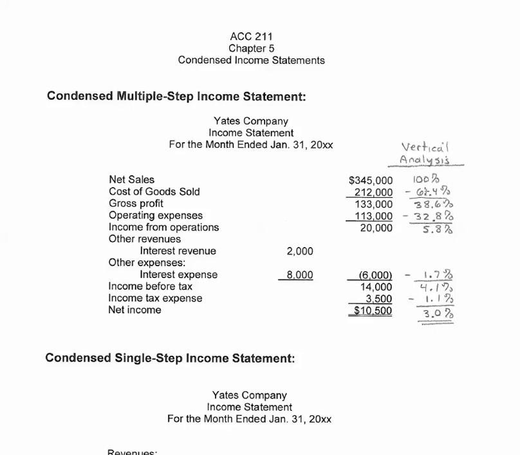Now, when you're digging into analyzing why these trends might be happening, let's take a look at the gross profit rate. What would happen if, okay, now it's 38.6%, but what if last year it was higher, and the year before it was even higher, and so we're seeing a downward trend? Well, what might be causing that? A couple things. First off, what if the costs in our cost of goods sold keep rising?